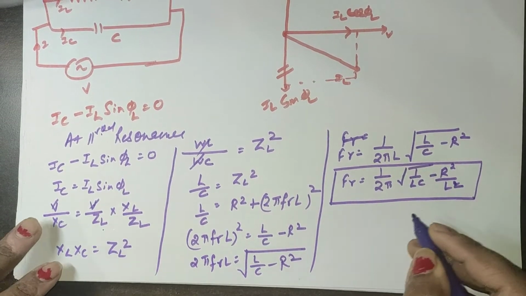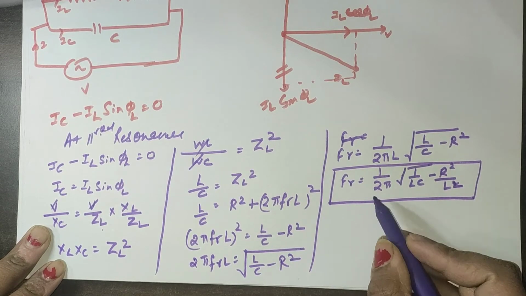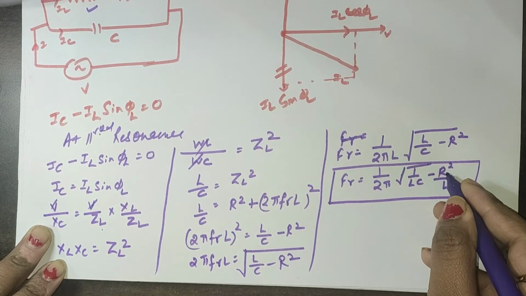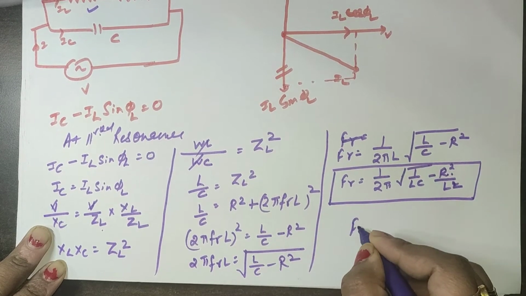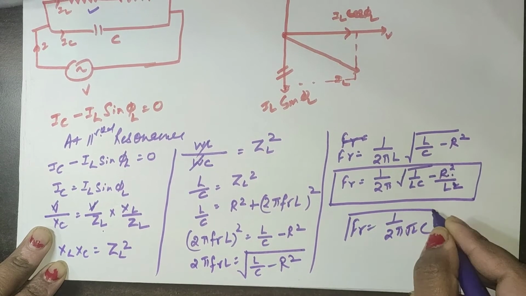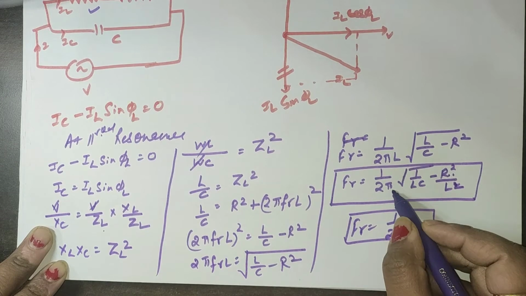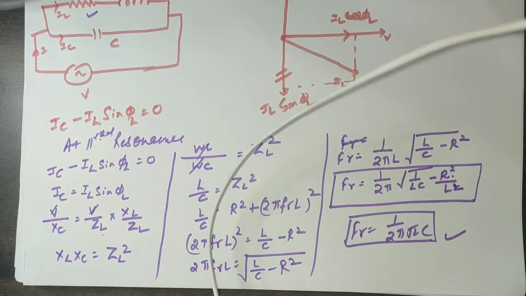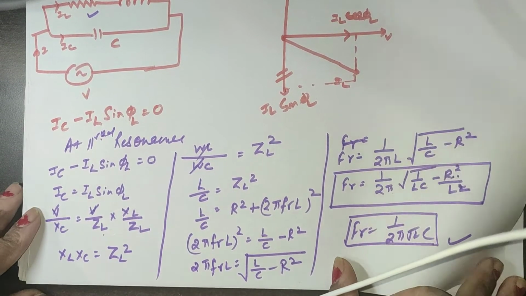If the coil resistance is small, R will be very small, so this term will be 0, and FR will be 1 upon 2 pi under root LC, that is the resonance frequency as in the series condition. But in the parallel condition, it is 1 upon 2 pi under root of 1 upon LC minus R square upon L square.